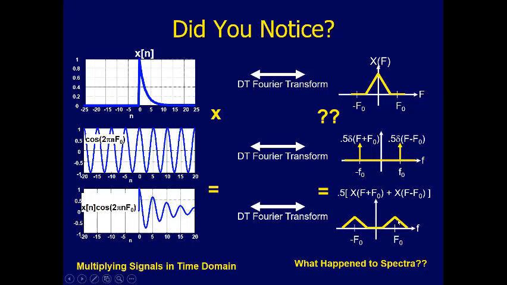That's how convolution with impulses works. We make copies of our original signal, center them on the location of the impulse, and scale its amplitude by the weight of the impulse. So we take this x of f, scale it by 1/2, center it on f0, do the same on this side, minus f0, and these should be capital F0s, and produce this new spectrum.